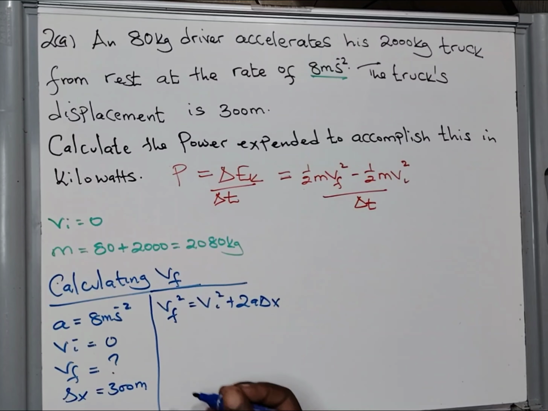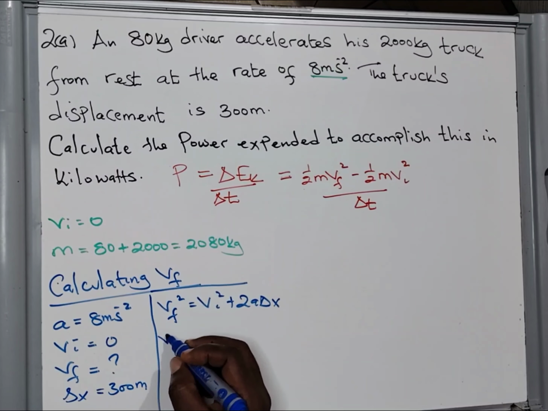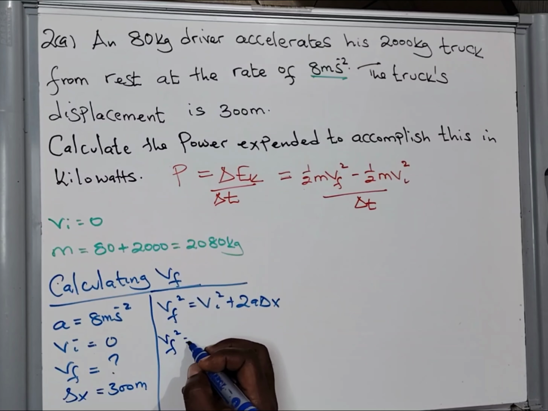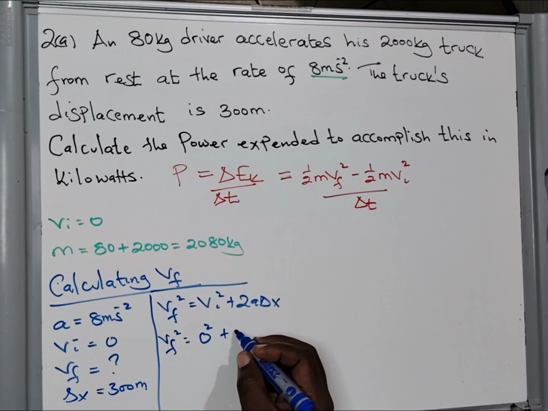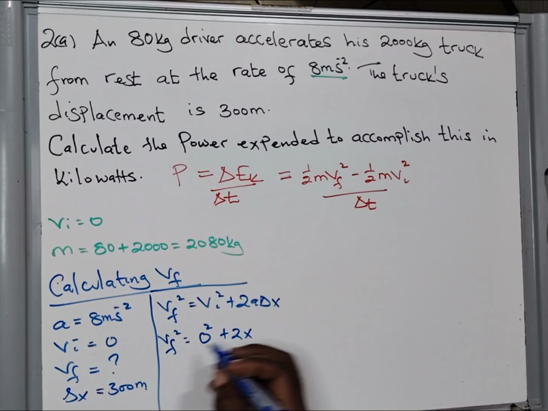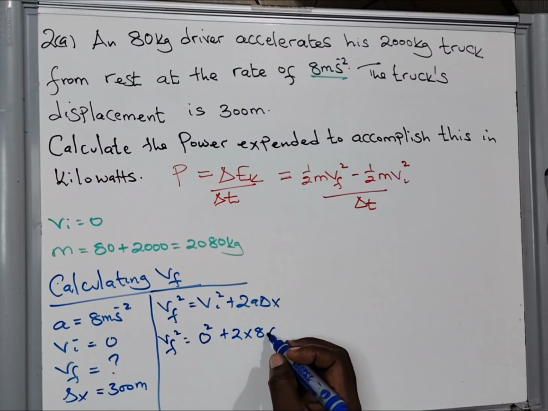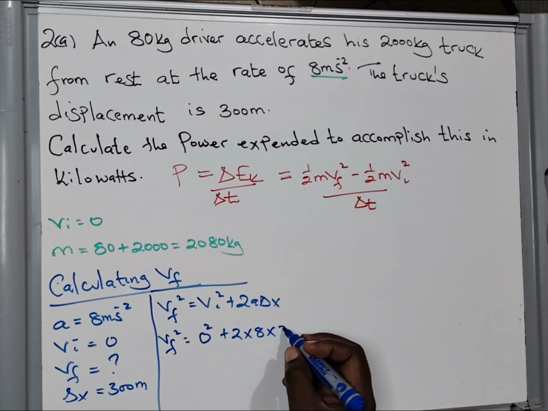If you substitute in this, it's Vf which we are looking for, but we know initial velocity, which is 0 squared, plus 2 times acceleration, which is 8, times displacement, which is 300.